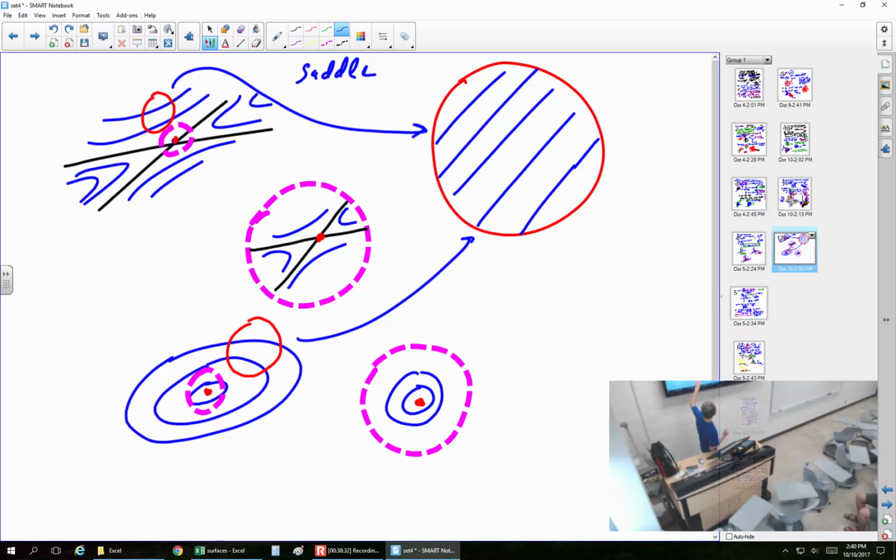What does the graph of a function look like when the level curves look like this? Is it a cone? Could be. More generally, what is it? Well, remember, this is one level, that's another level, that's another level, and we're going somewhere.